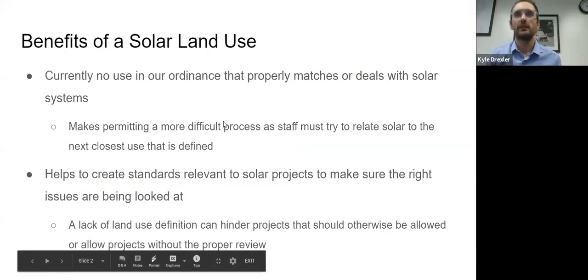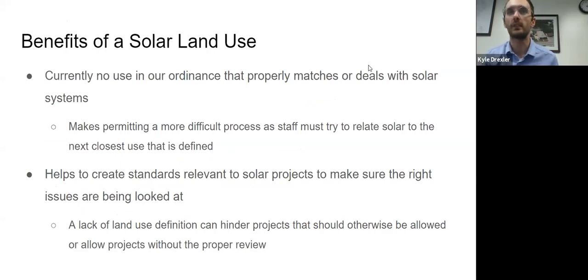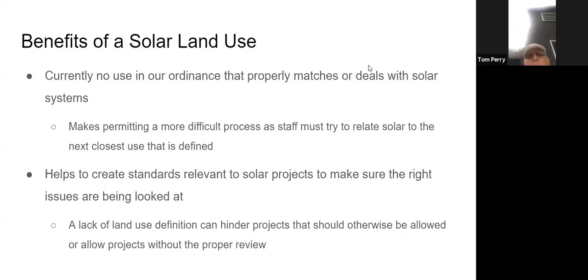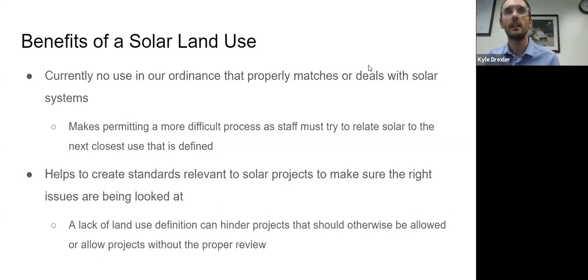So just first off, I wanted to just mention why it's important to have an actual land use, like in our table of land uses, to represent these kind of solar projects and identifying solar energy systems as a use itself.